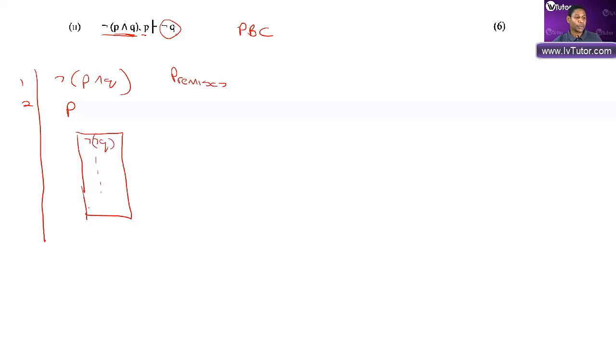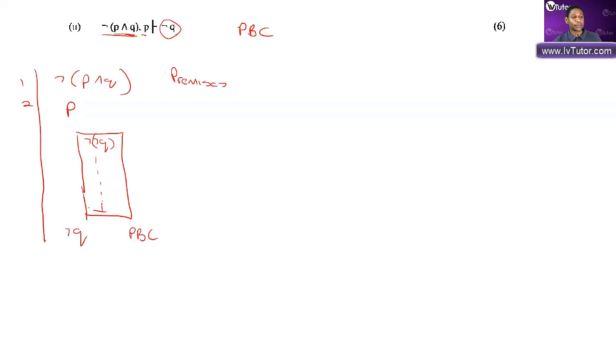If I were to reach a contradiction here, it would mean that I can conclude that not Q is true. And this would be proof by contradiction. That is number one.